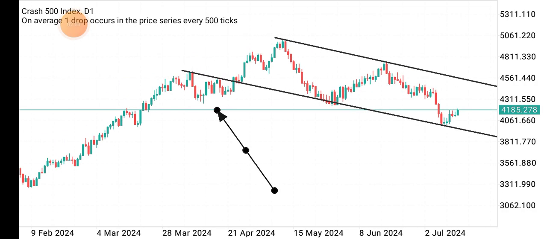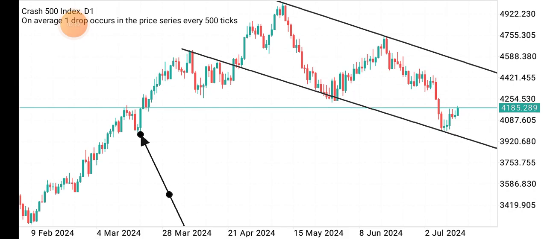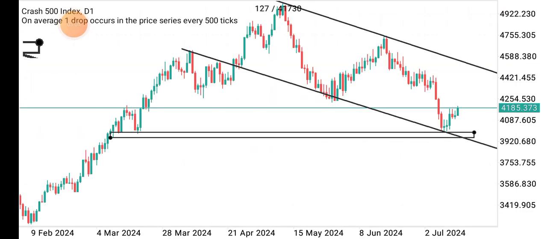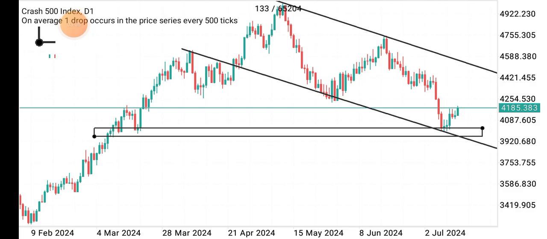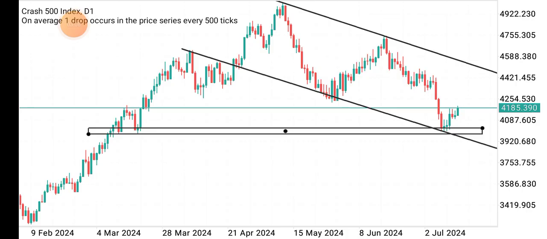All right guys, looking at it horizontally, you discover that the market is actually at a resistance zone or a support zone. So let's get a horizontal rectangle to mark that.